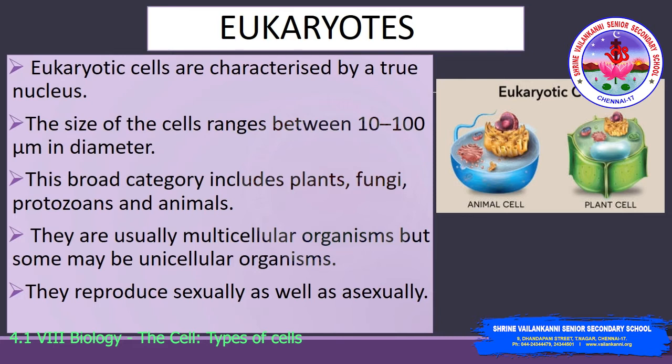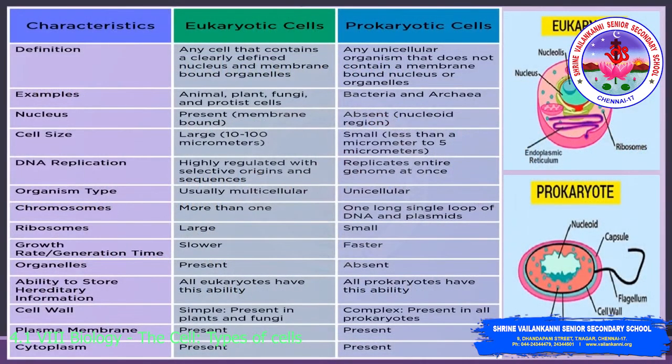They are usually multicellular organisms, but some of them may be unicellular organisms as well. They reproduce both sexually as well as asexually. This tabular column gives the basic similarities and differences between a eukaryotic and prokaryotic cell.